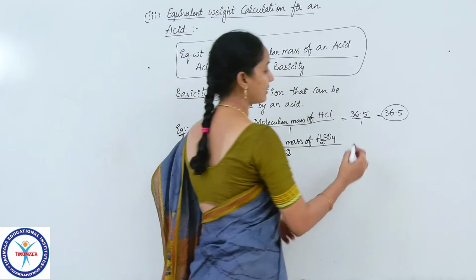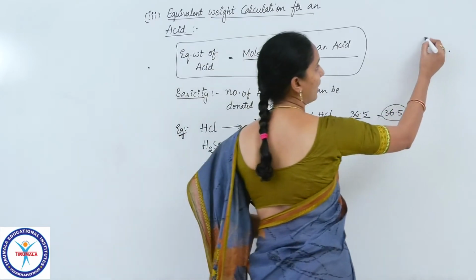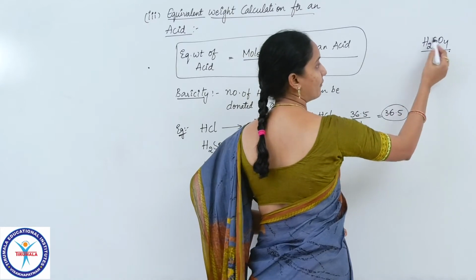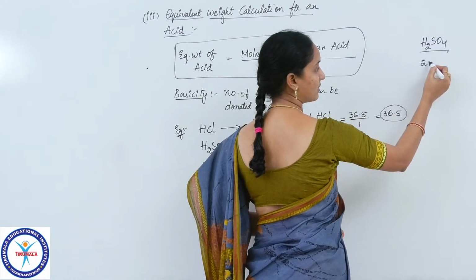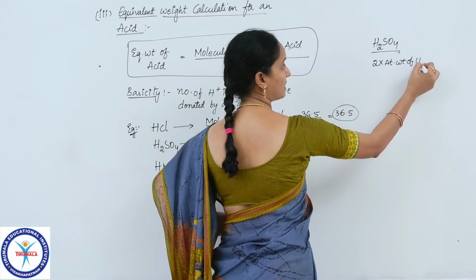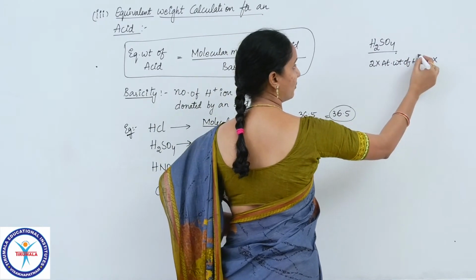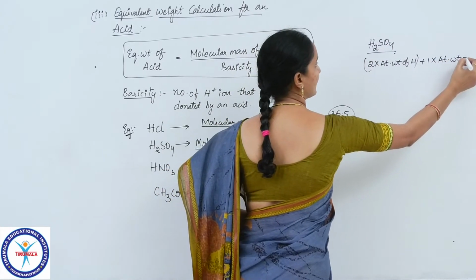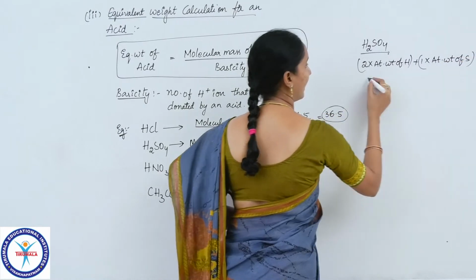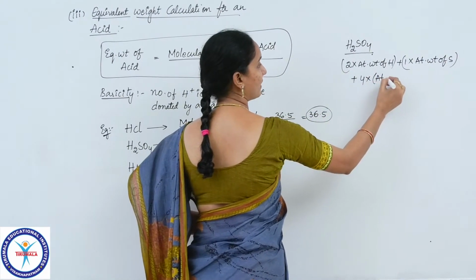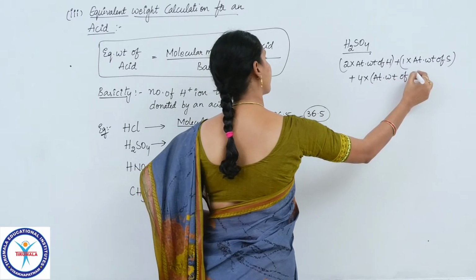So molecular mass of H2SO4. How do you calculate the molar mass, children? From the formula you have 2 hydrogens, so 2 into atomic weight of hydrogen plus 1 into atomic weight of sulfur plus 4 into atomic weight of oxygen.